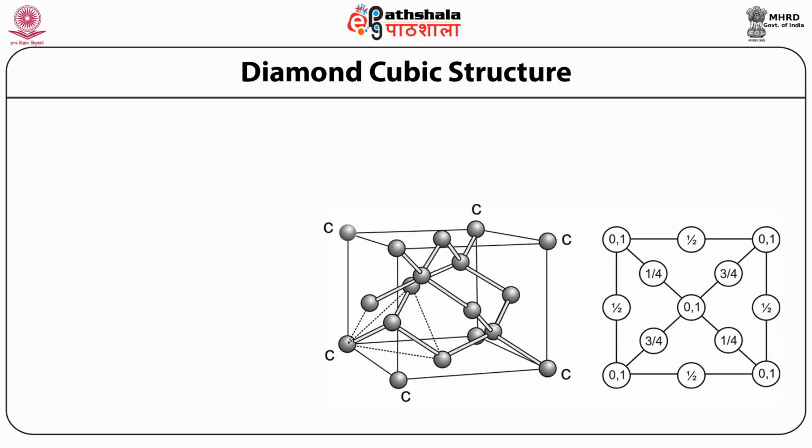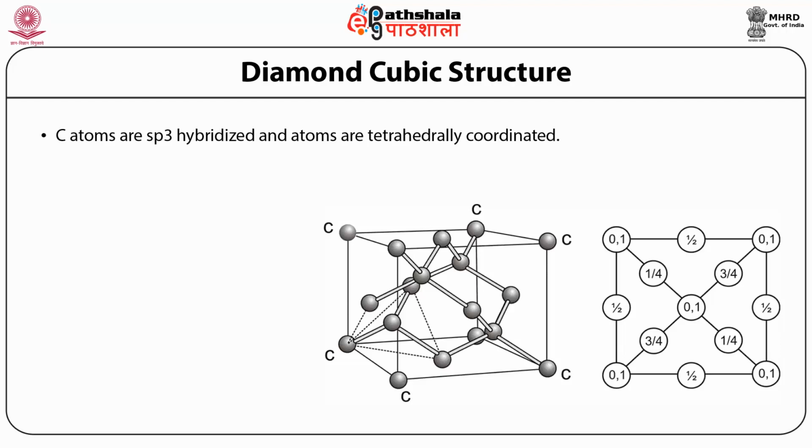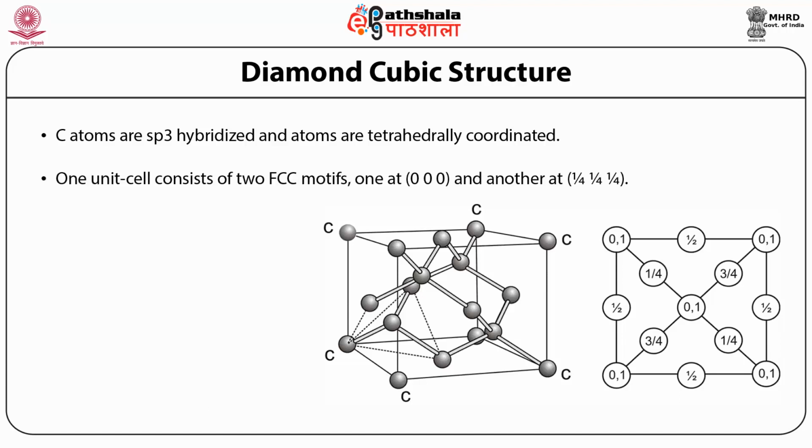The orbital hybridization of C atoms, that is sp3, requires that the atoms are tetrahedrally coordinated, and thus the structure has a high degree of directionality. One unit cell consists of 2 FCC motifs, one at 000 and another at 1/4, 1/4, 1/4.